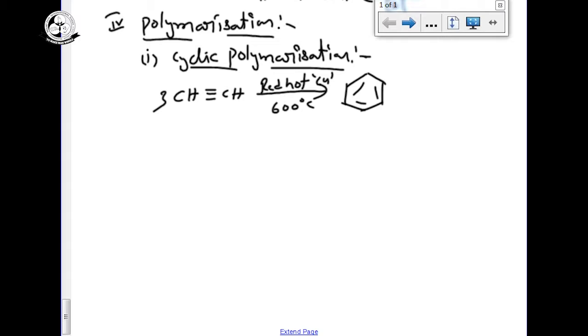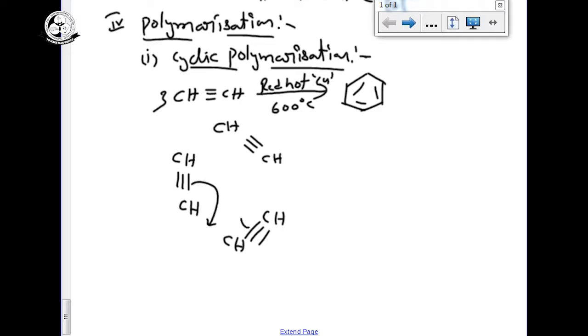For this cyclic polymerization I am writing CH triple bond CH, CH triple bond CH, CH triple bond CH. One double bond shifts here, one double bond shifts here, and one double bond shifts in between these two carbons.